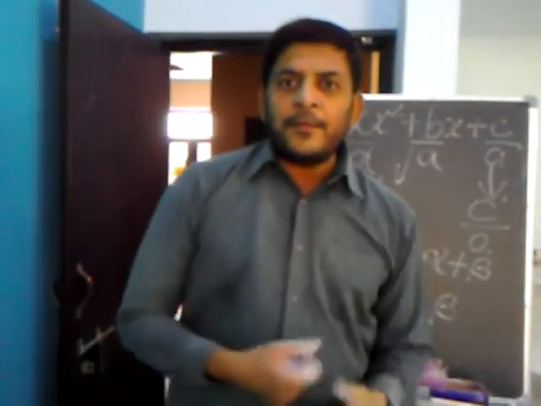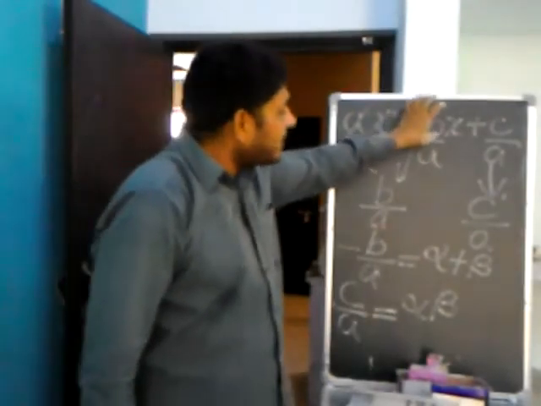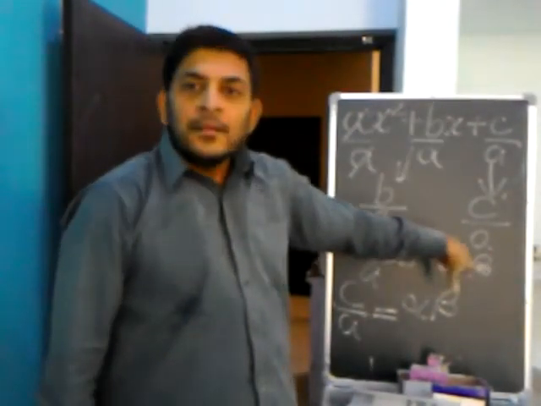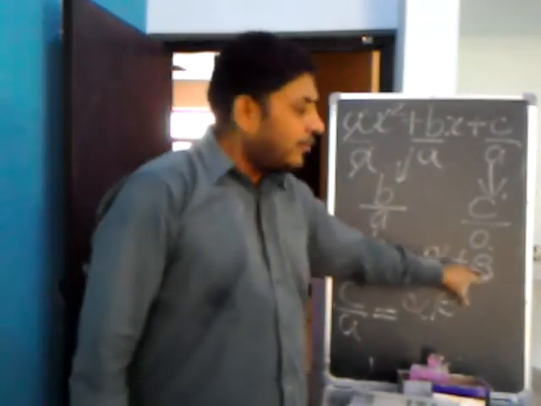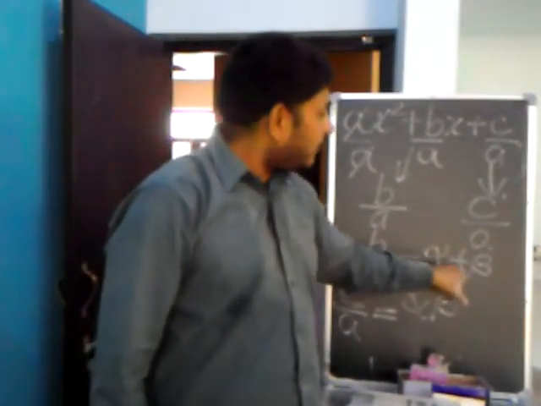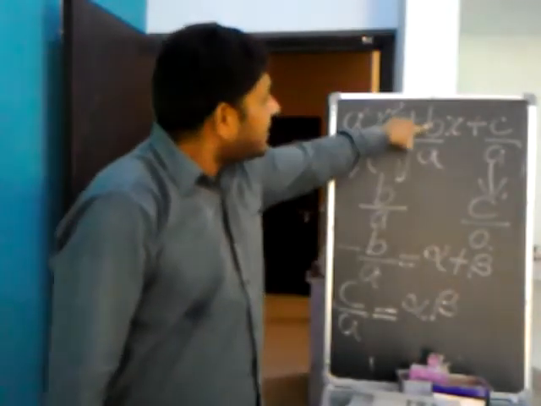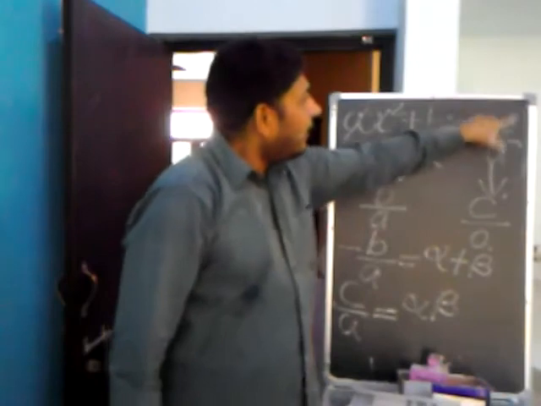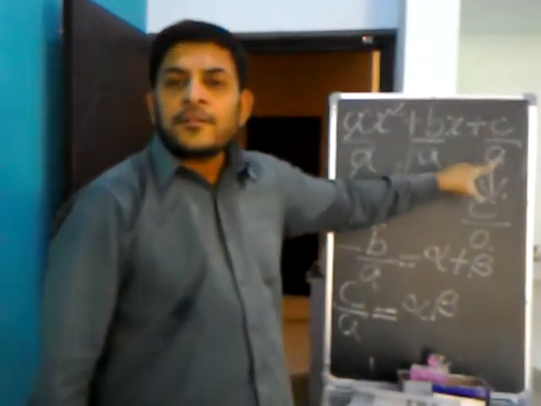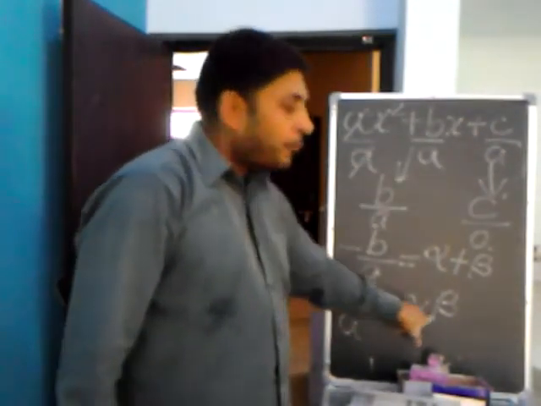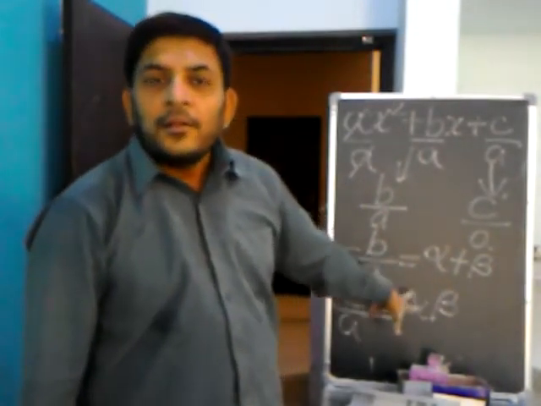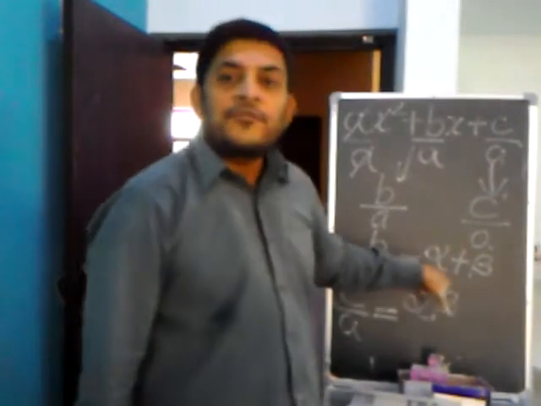In mathematics language we say that the middle term is the sum of zeros, because here we are adding them, and the last term, the constant, is the product of zeros, because here alpha and beta are being multiplied.